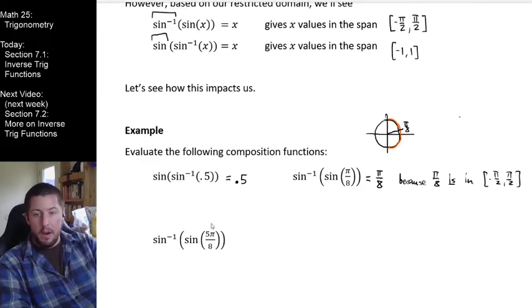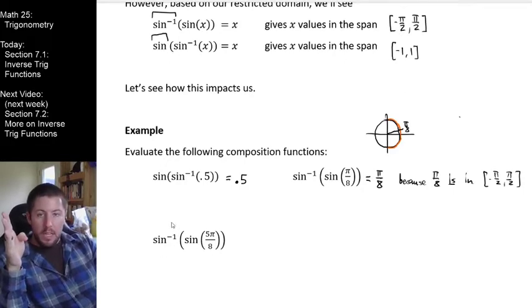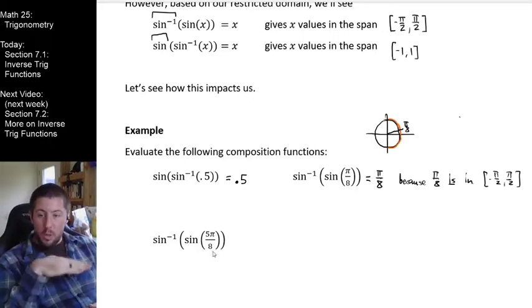So now let's come down here. Sine inverse of sine of 5 pi eighths. So check this out. I want to say that sine inverse and sine cancel with each other, leaving us with 5 pi eighths, but I know that the sine inverse function is only ever going to give me outputs in the interval negative pi halves to pi halves. Is this in that interval? Well, this is actually 1 pi eighth past pi halves, right? 4 pi eighths would be pi over 2.